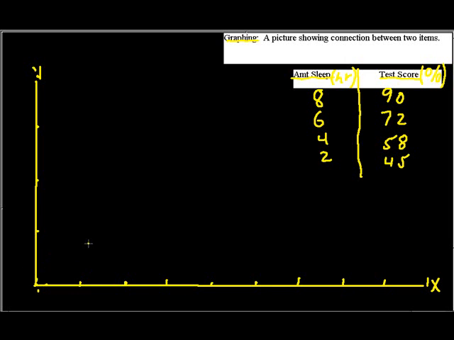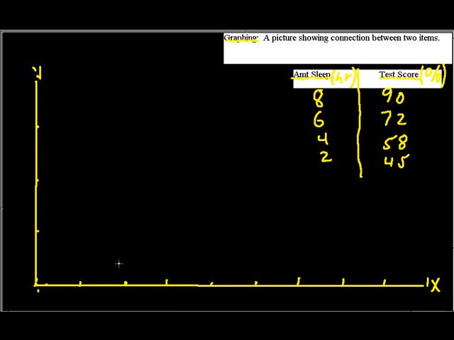So now what we have to do is what's called scale it. We have equal intervals along here, just like a football field. We have to have regular spacing between our items. Now we're going to go by ones, 1, 2, 3, 4, 5, 6, 7, 8. Do we go by 2, 4, 6, 8?